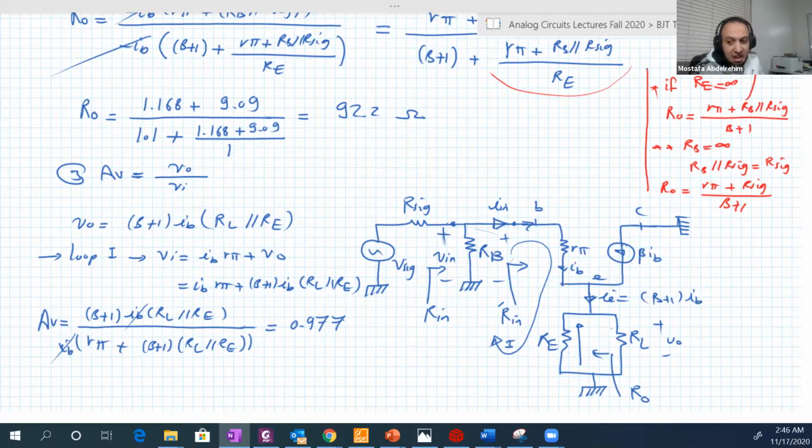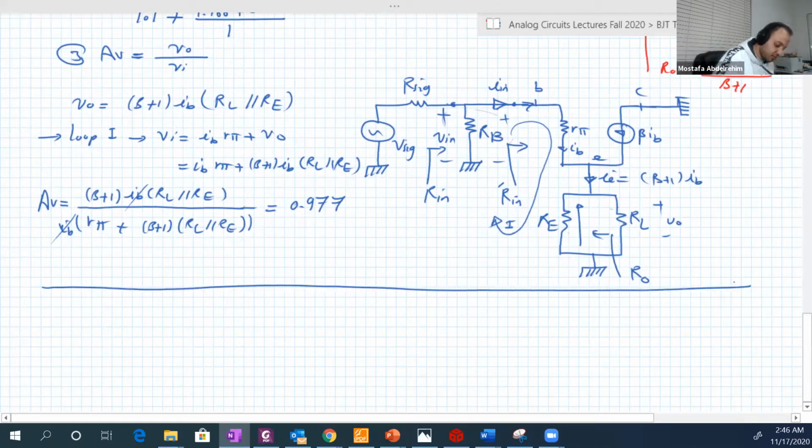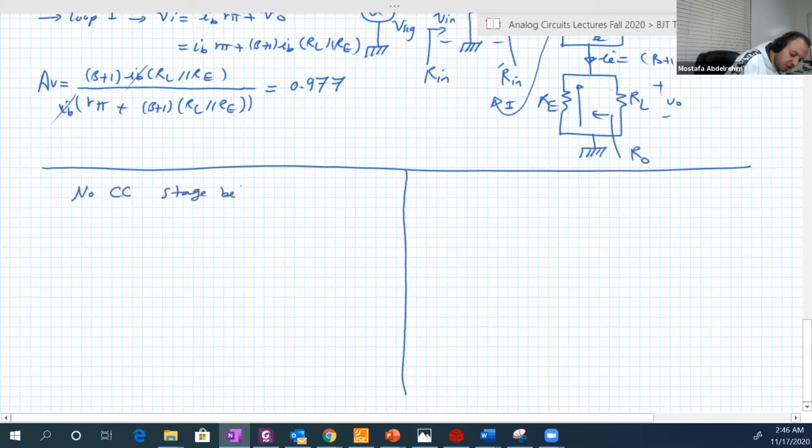We finished. But let's now analyze the advantage that we get from adding this common collector. Let's examine the two situations: with no common collector stage between the source and the load, and with a common collector between them.